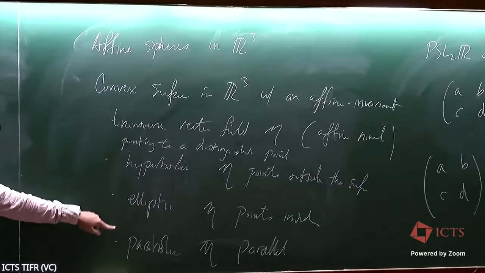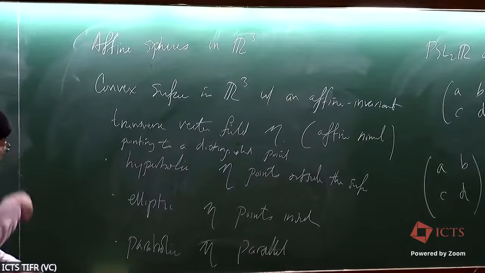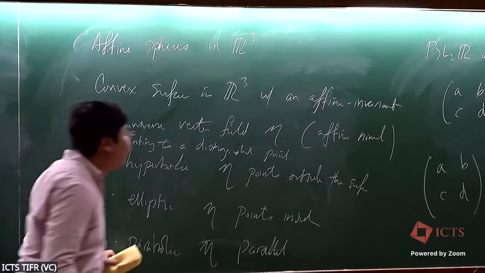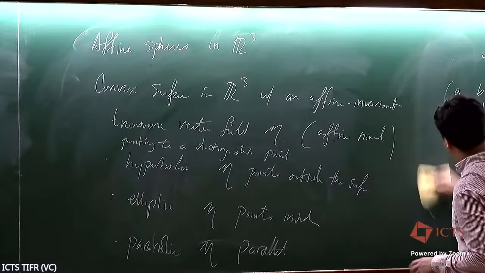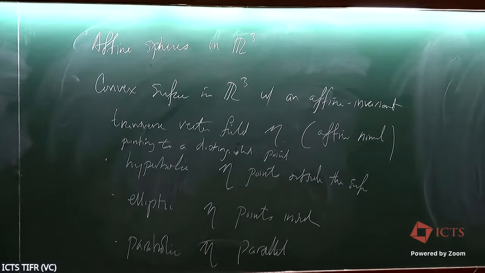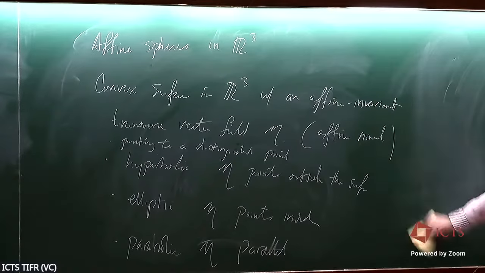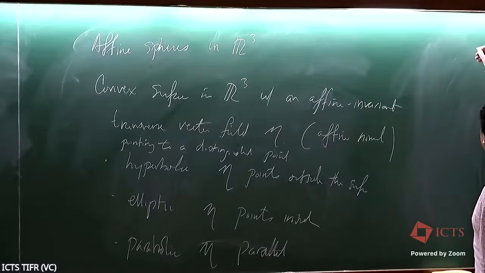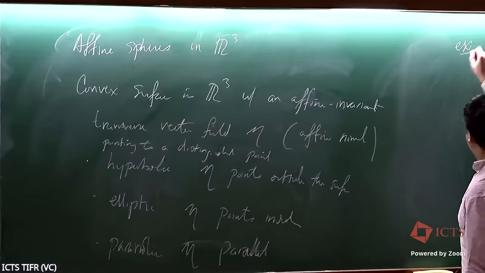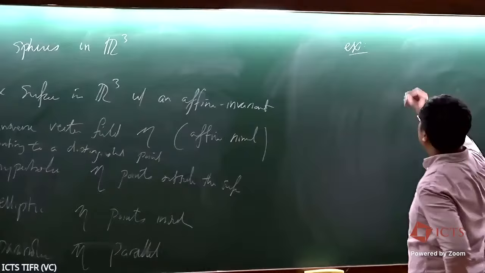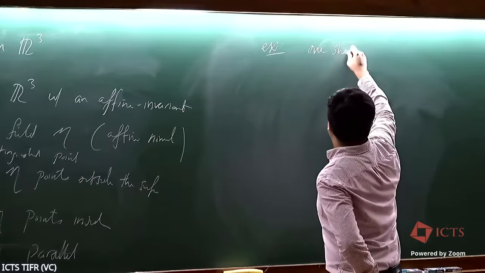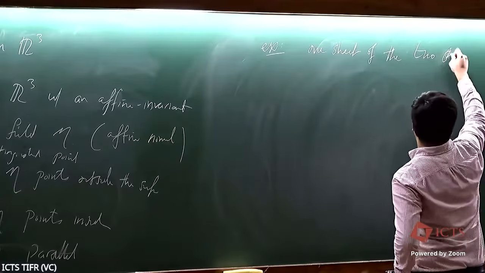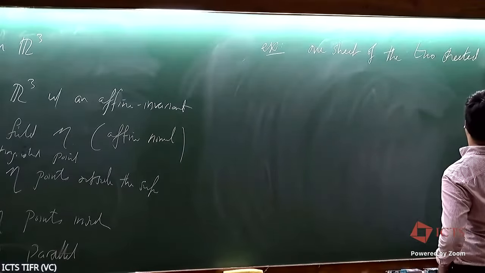These are also very interesting from the perspective of geometry. Before I make additional comments, let me just give you some examples so that we know what we're talking about. So for the hyperbolic affine spheres, we saw that the canonical example of a hyperbolic affine sphere in R3 was one sheet of the two-sheeted hyperboloid.